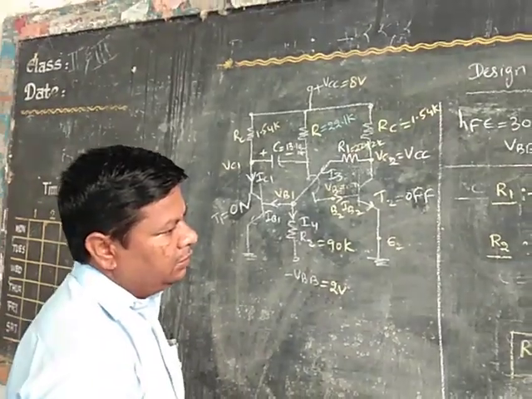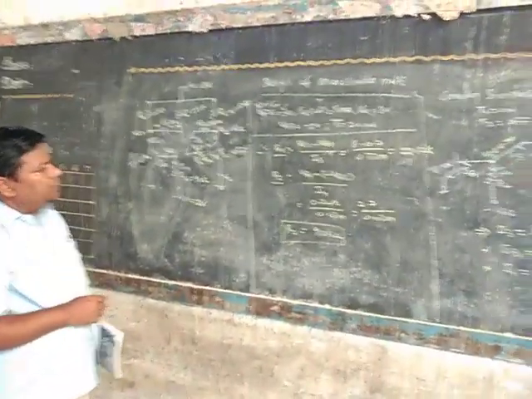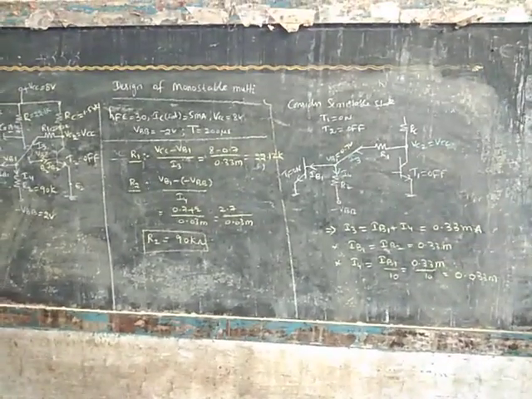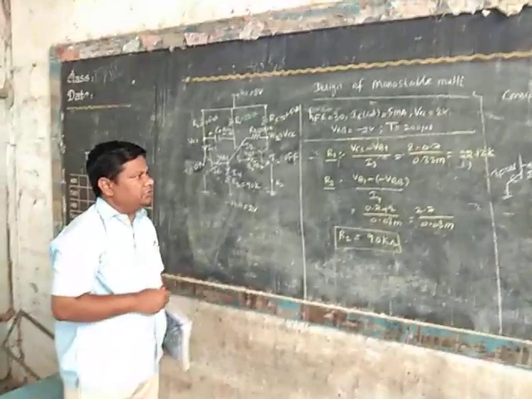These are the assumptions. Then based on the assumptions and given specifications, calculate the resistor value and capacitor value.